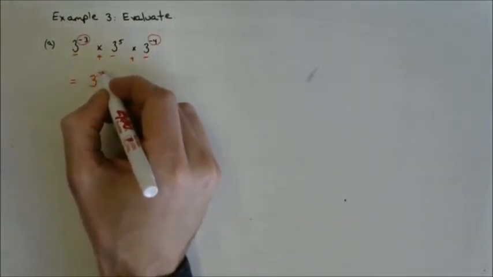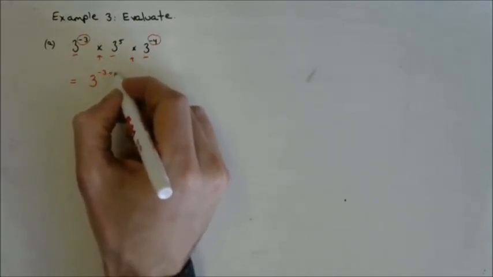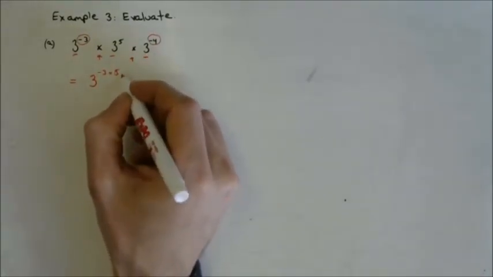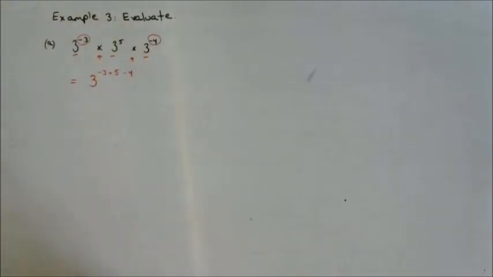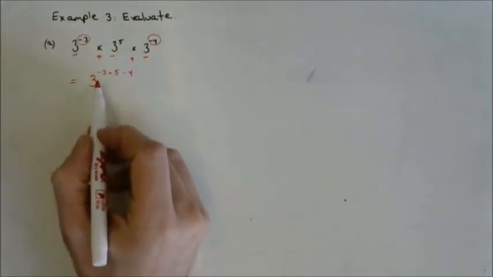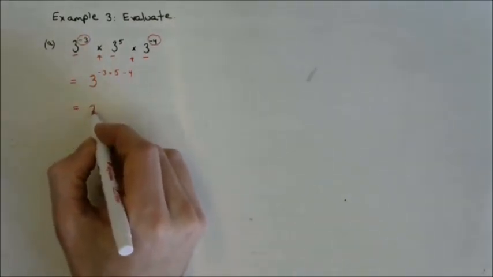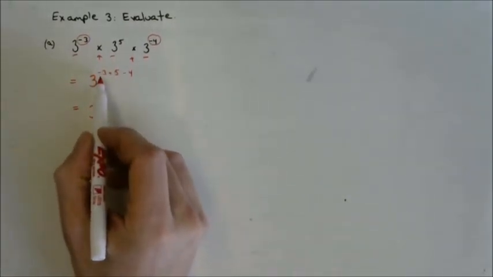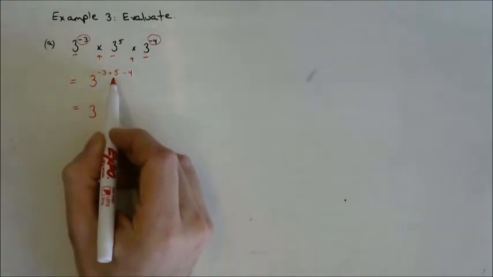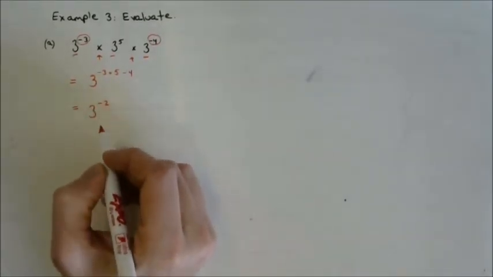We have an exponent of -3, an exponent of +5, and another exponent of -4. So in the exponent, we simply have -3 plus 5 minus 4. Well, -3 plus 5 is 2. Minus 4 is -2.